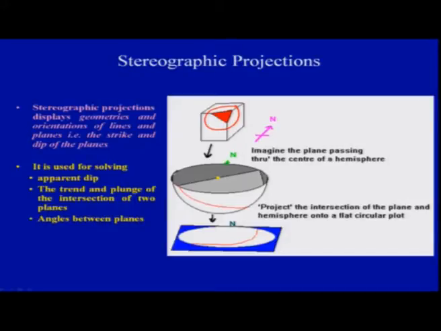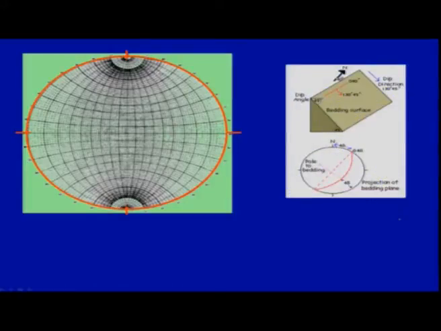So, this will be representing your plane on the circle here. This plane has a strike here, and this is the dip of the plane. With respect to this angle, that is what you have projected on the flat circular plot. Now, taking this very quickly, we will look at it, and one exercise will be given to you. We have the attitude of one plane.